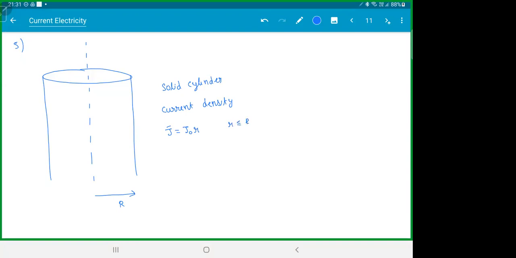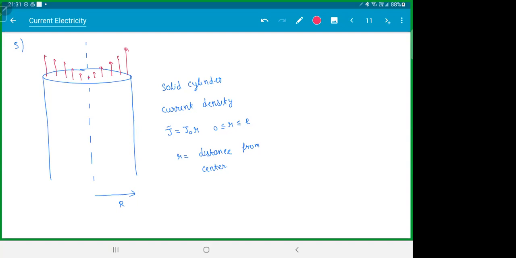Small r goes from 0 to R, meaning it is not constant. When r is 0, current density is 0. As r is increasing, you're getting more and more current. Meaning this is how it looks. So in the center, current is 0, then it increases a bit, then increases more, and there is more current.